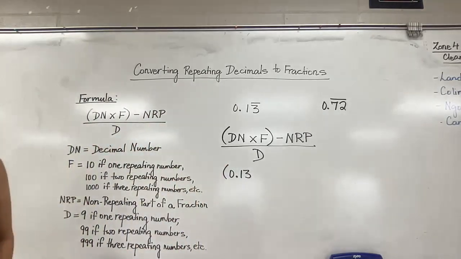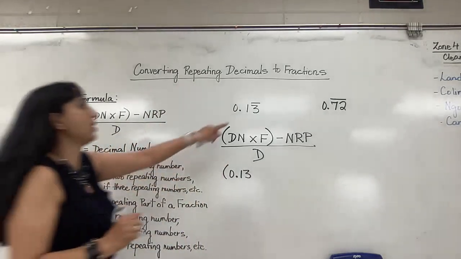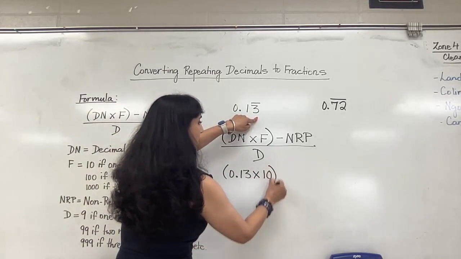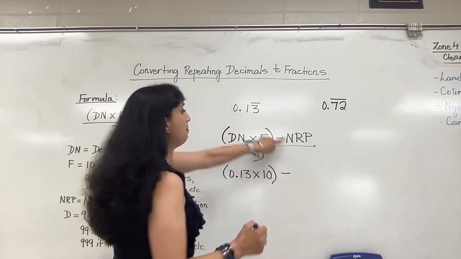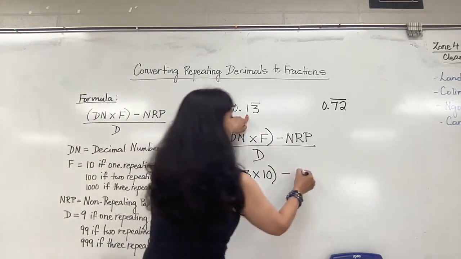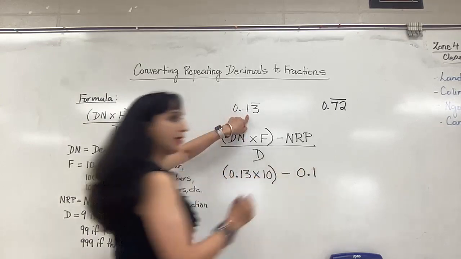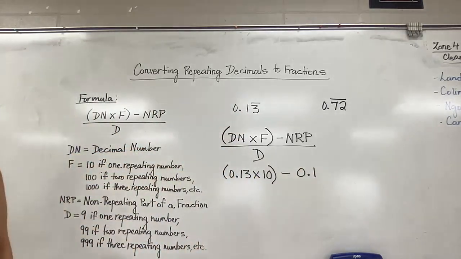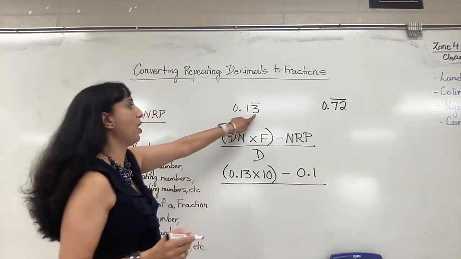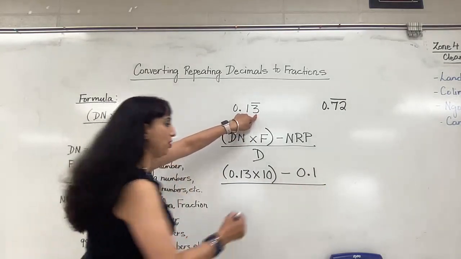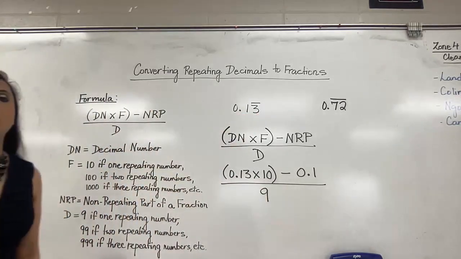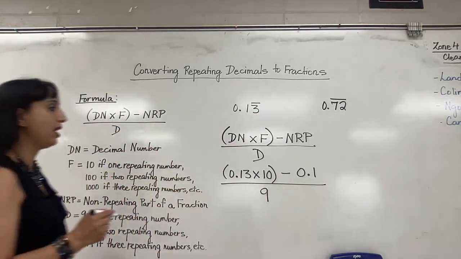Since only one number is repeating, I am going to do times 10, minus my non-repeating part, which is this part, so minus 1/10. And then I am going to divide it by d. Since only one number is repeating, I am going to divide it by 9. After this, all I do is simplify.